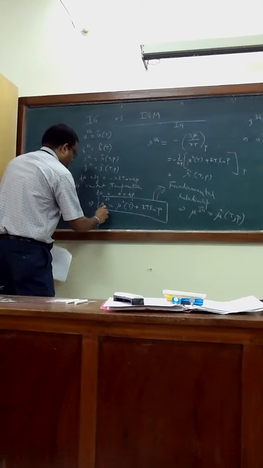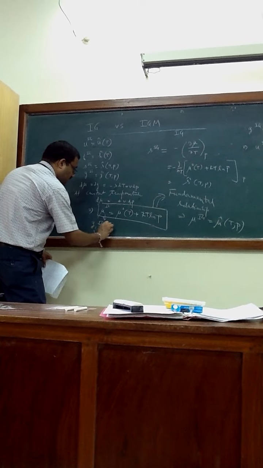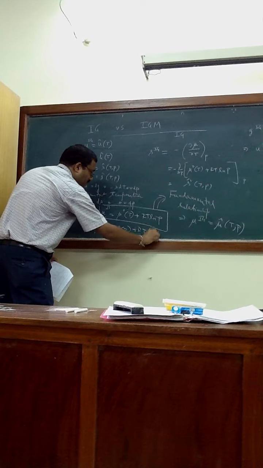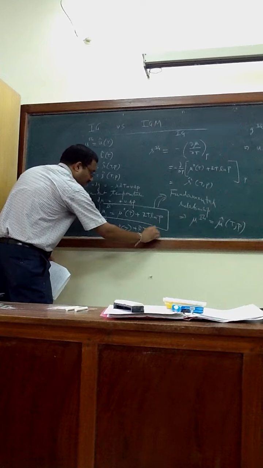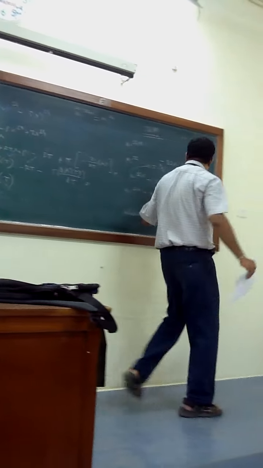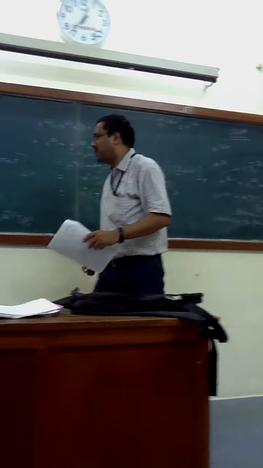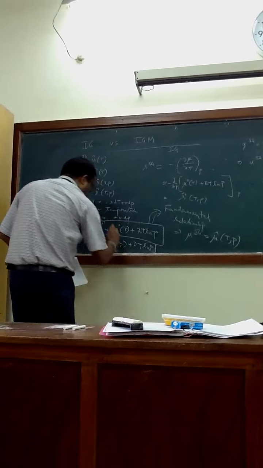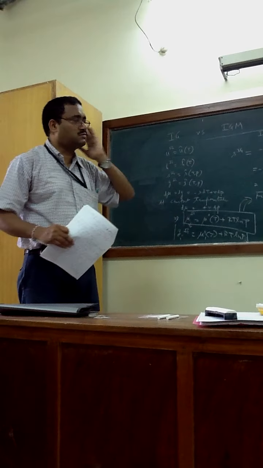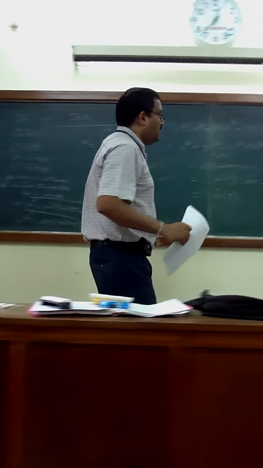So when you talk about the pure component, it will be Gi IG equals mu i0(T) plus RT ln p. Gi bar IGM is mu i0(T) plus RT ln p xi. This mu i0(T), no problem. Pure substance versus multi-component mixture.